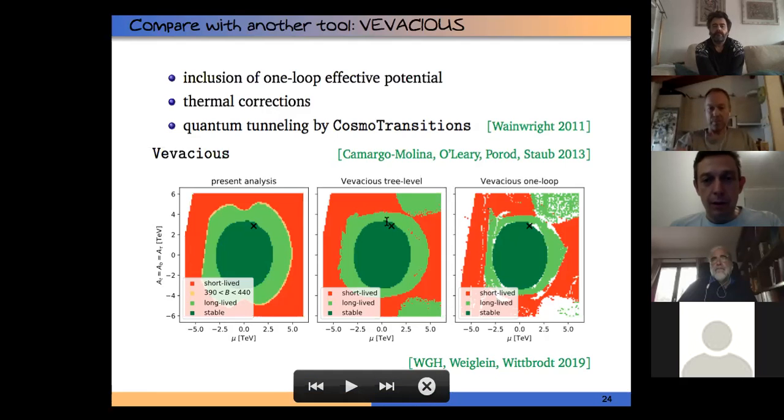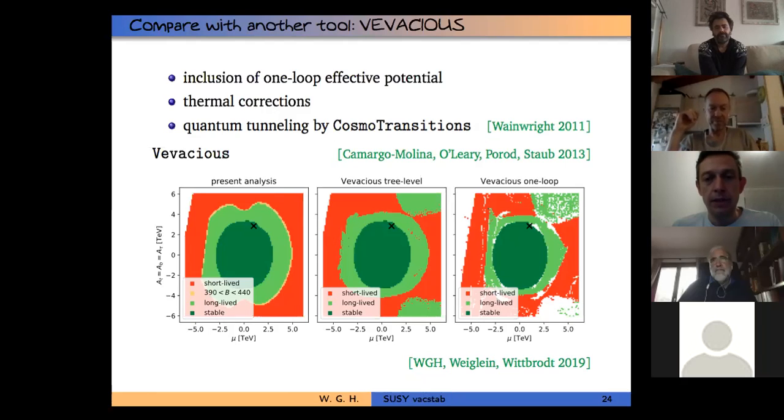Of course, to say our code gives the nicer plot is not really an argument, but I'm a bit skeptical when at this border area there are some points suddenly red, green, and where you don't really know, and also in between there are some red points popping up. This all looks like numerical instabilities that you are facing in this code, where our code seems to be a bit more stable in this respect.